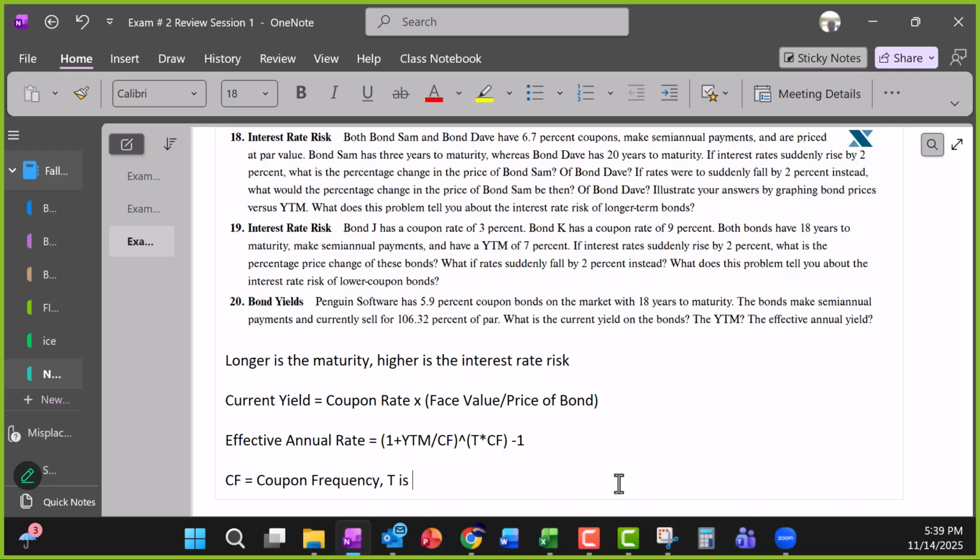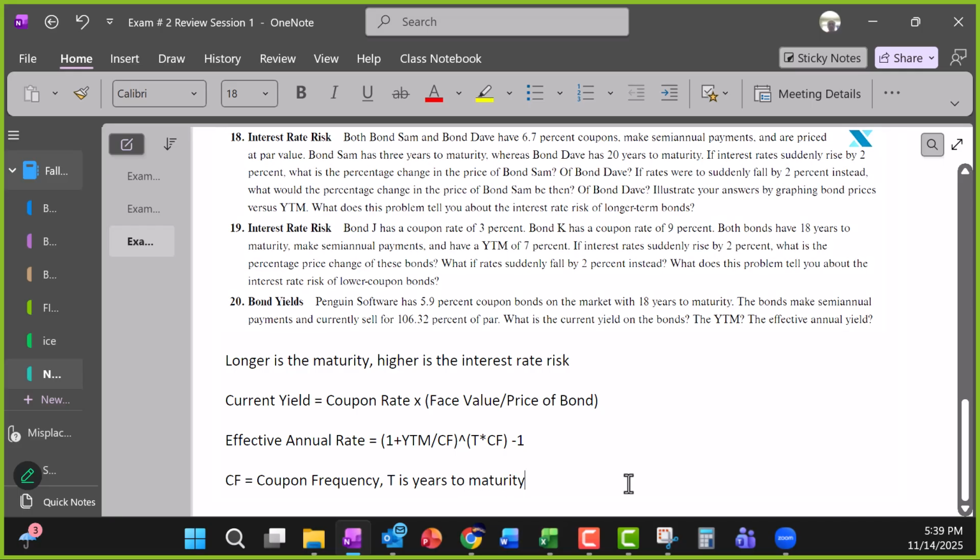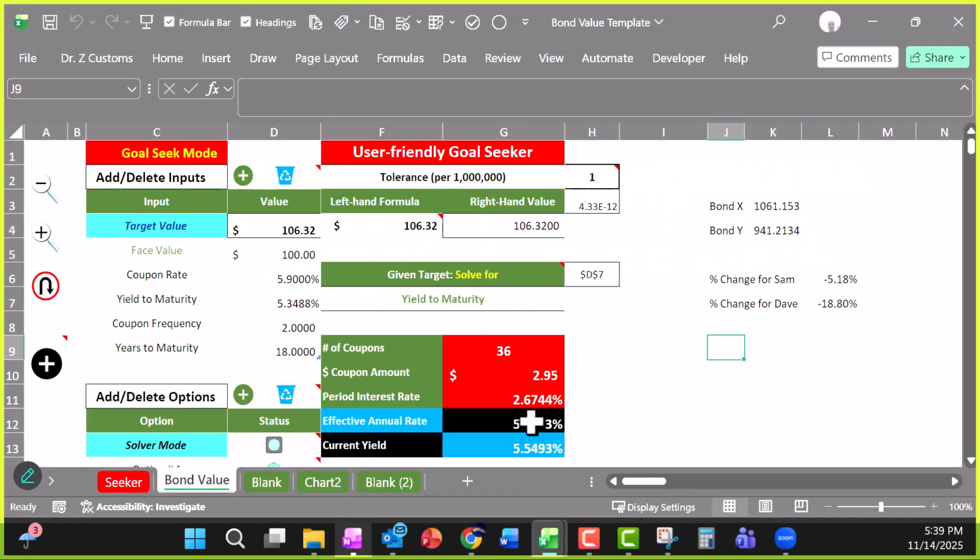T is years to maturity. And this is calculated right here.